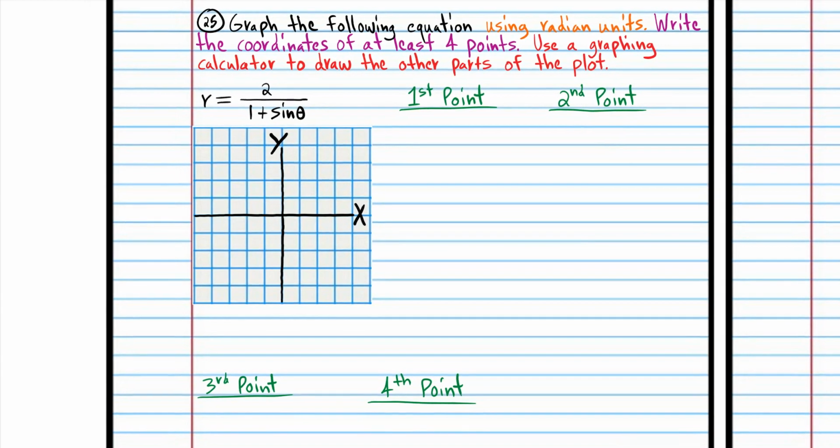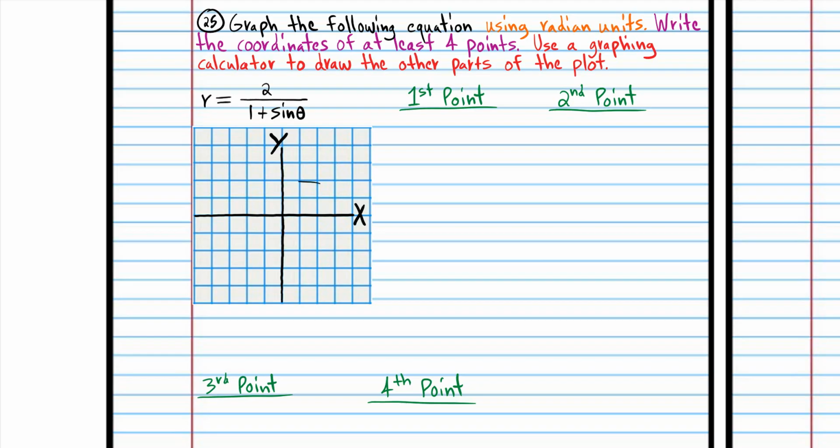Your step cannot be 1 because we're not in degrees. So let's make the step 0.01 because we're in radians. It's just not good enough to have a step of 1 because our graph's not going to look right. We need a smooth graph, so we're going to choose a step of 0.01 for theta.